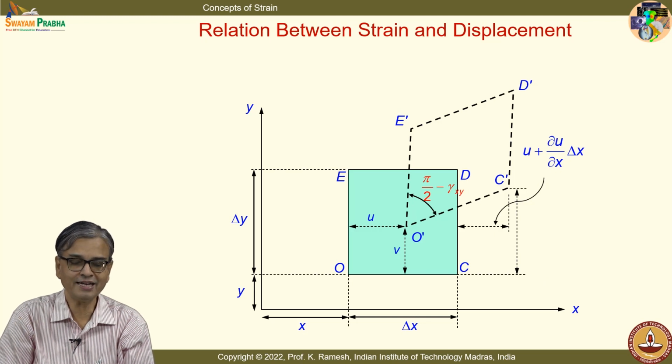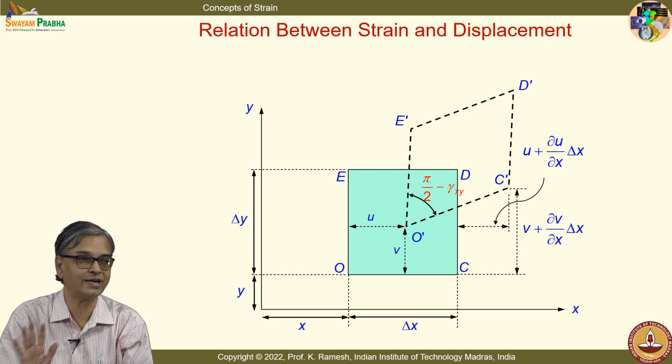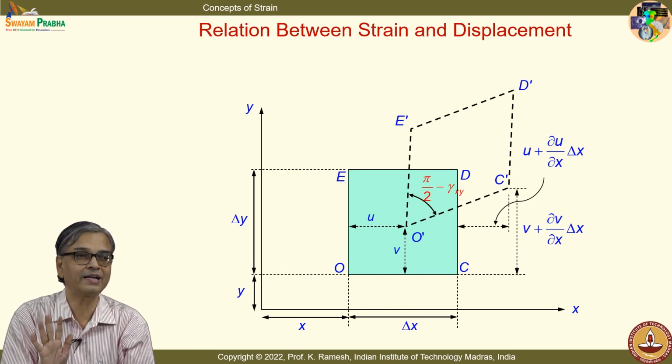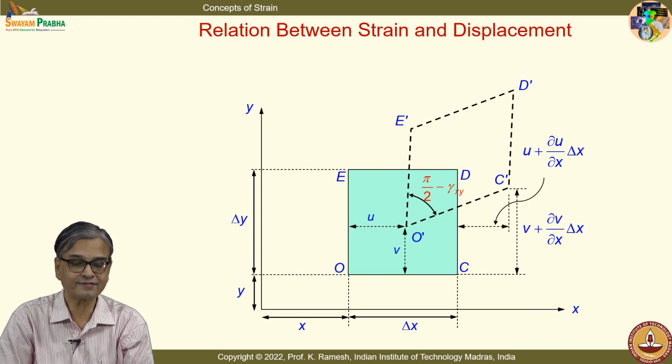So you have to write this as v plus dou v by dou x delta x. Do you get the idea how to apply this Taylor approximation systematically? u is a function of x and y, v is also a function of x and y. Now we are looking at what happens when x changes.